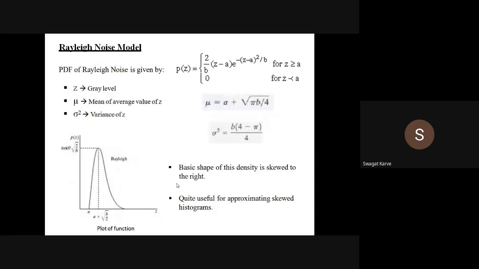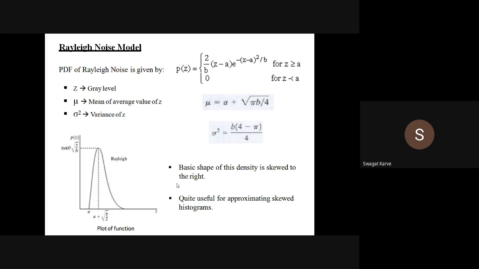Then the same thing applies to the Rayleigh noise model. Again, we have this formula: p(z) equals 2 divided by b, times (z minus a), times e raised to minus (z minus a) squared divided by b. The derivation is not in your syllabus.